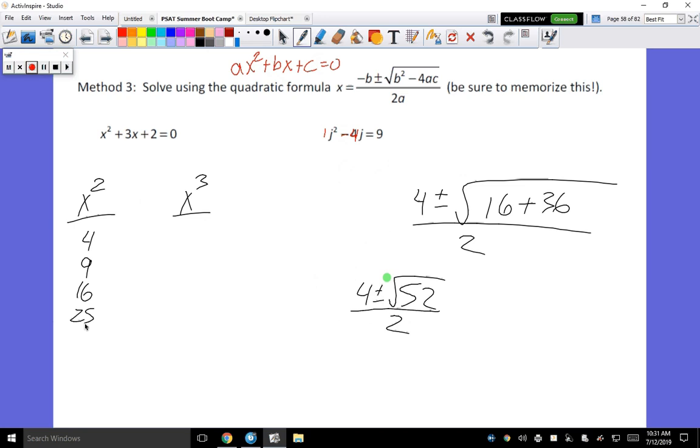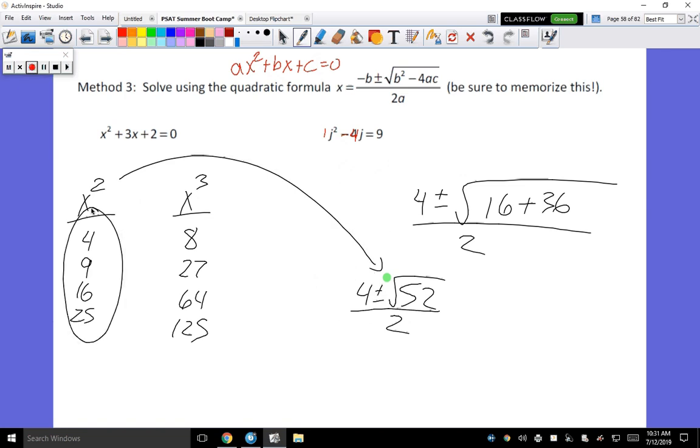What if they were cubed? 8, 27, which is 3 cubed, 64, 125, okay? But because this is an understood 2, we're going to do this list right here. What's the biggest number that you can see that we can take out with 52? A 4, right? So let's do this 4, and we get 13. Nicely done.